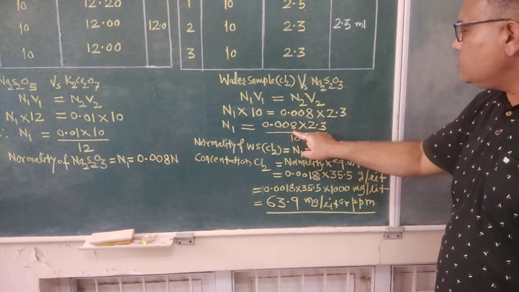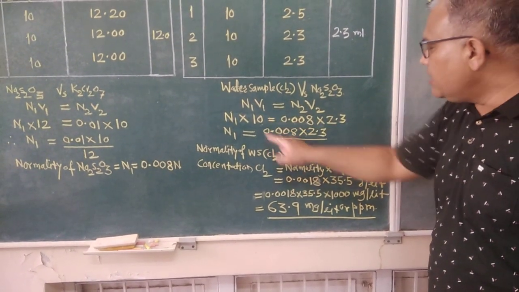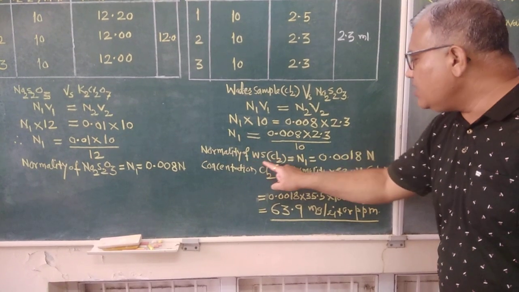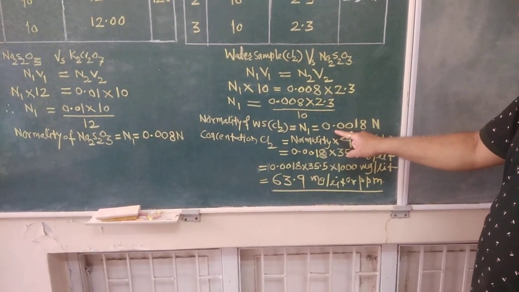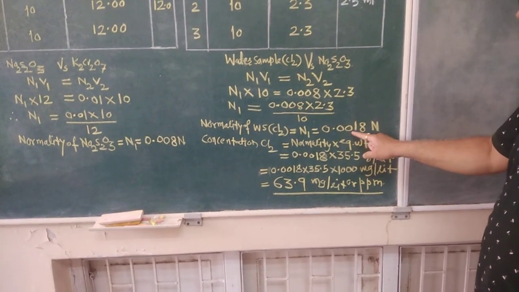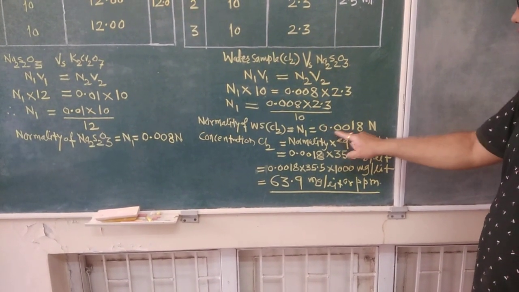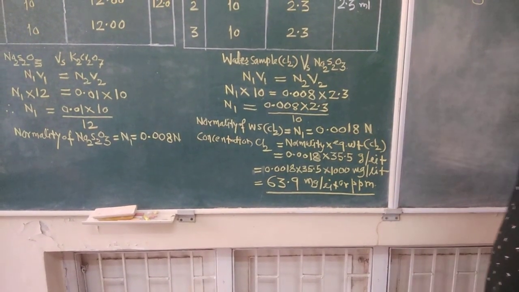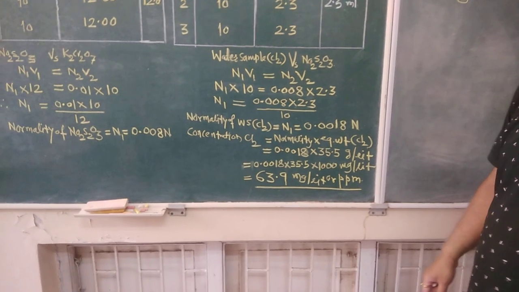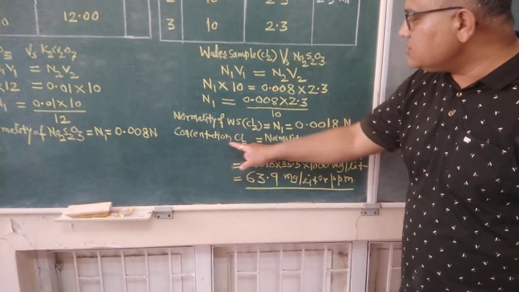So 0.008 into 2.3 divided by 10, you will get the normality of chlorine present in the water sample as N1, and it is found to be 0.0018 normal. So in this way, first you calculate the normality of the chlorine present in the water sample, and then you go for concentration.